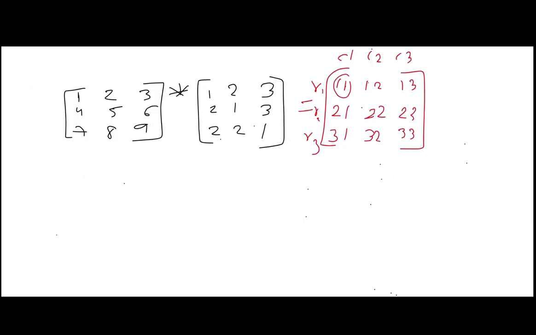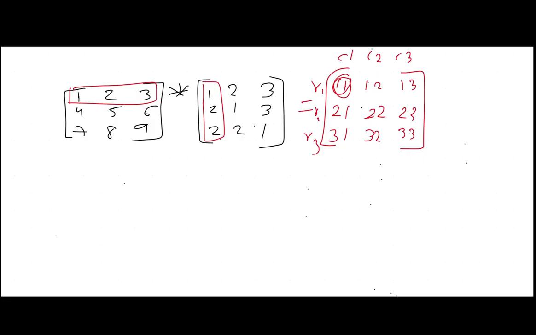So we know that rows always come first and columns come next. In order to get the first row, first element, we will be multiplying each element of the first row of the first matrix with the first column of the second matrix.